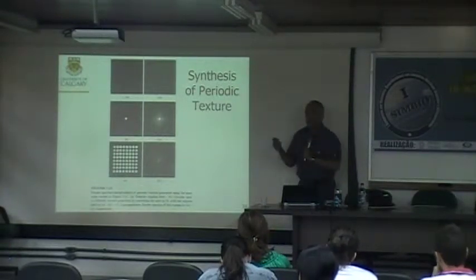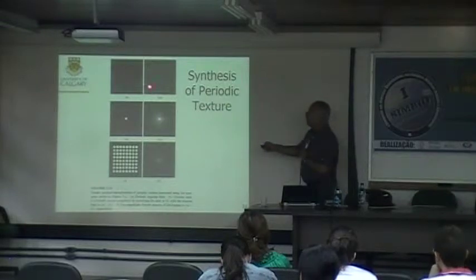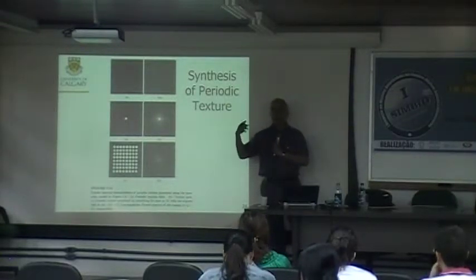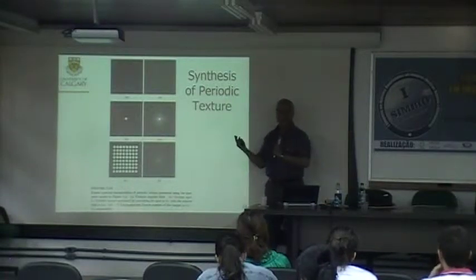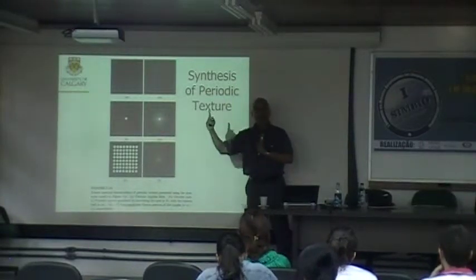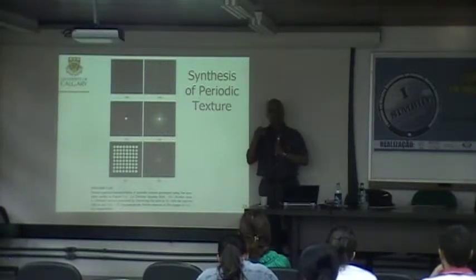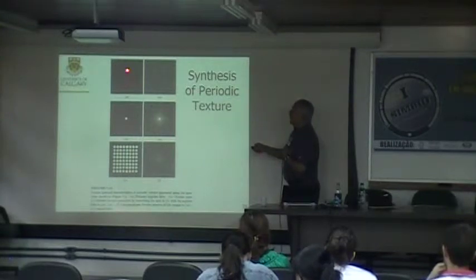Now in the frequency domain, it's more interesting. The Fourier transform of a periodic impulse train is another periodic impulse train. The separation between the impulses in the frequency domain is the inverse of the period in the time domain. In 2 dimensions, the Fourier transform of this is this.